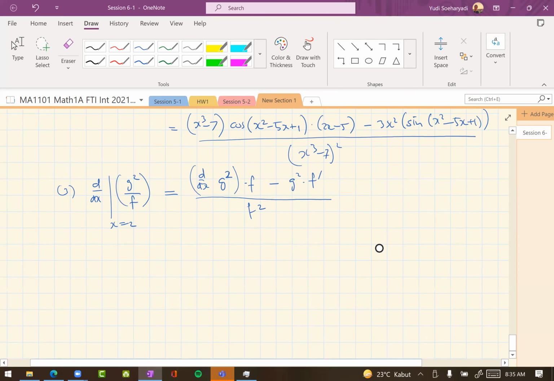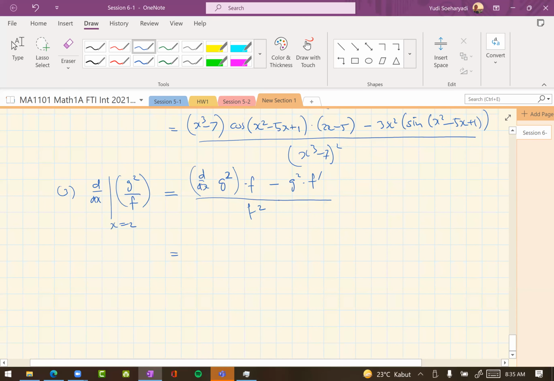Let's compute this one. The derivative of g squared is 2g.